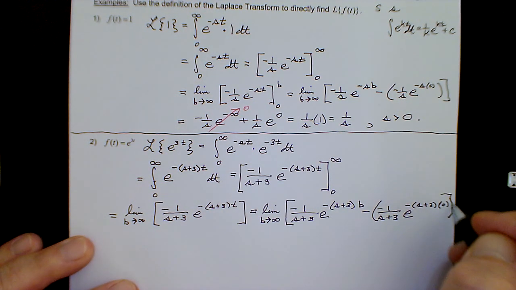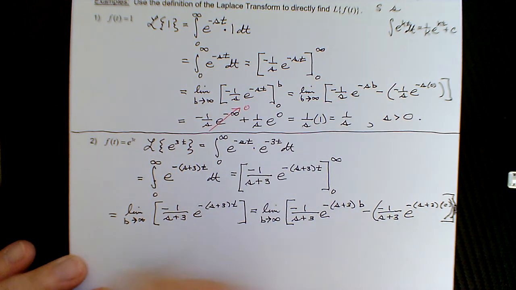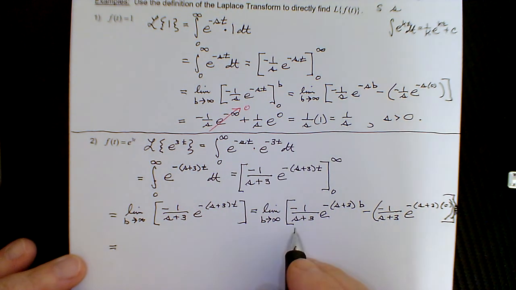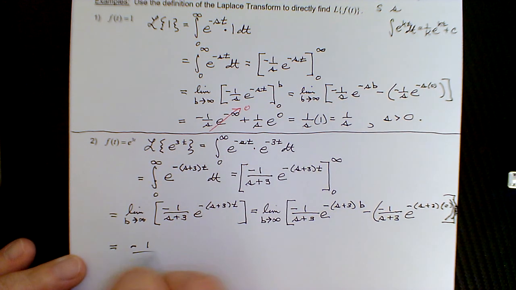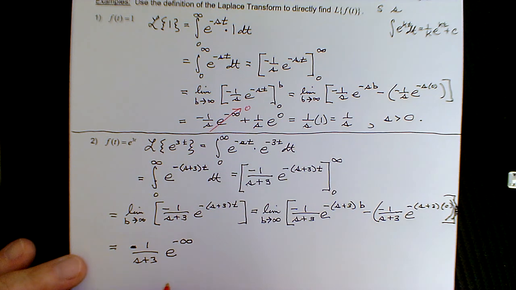Okay, let's close my brackets here. Okay, so then that gives us, if we let b tend toward infinity, we get the limit, or we get negative 1 over s plus 3 e to the, okay, I'm going to say negative infinity, and right away I think underneath I'm going to make the statement that this is provided that s plus 3 is greater than 0.